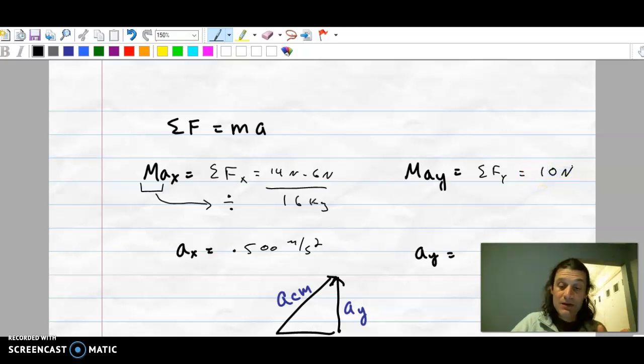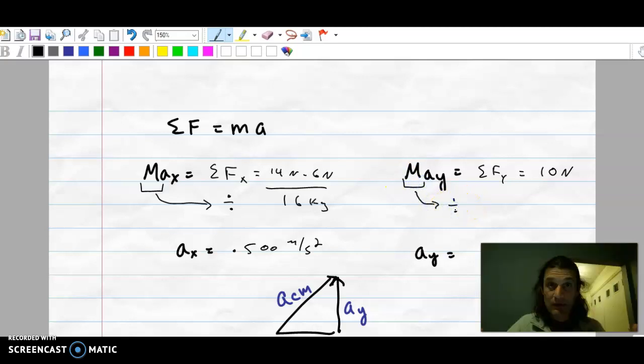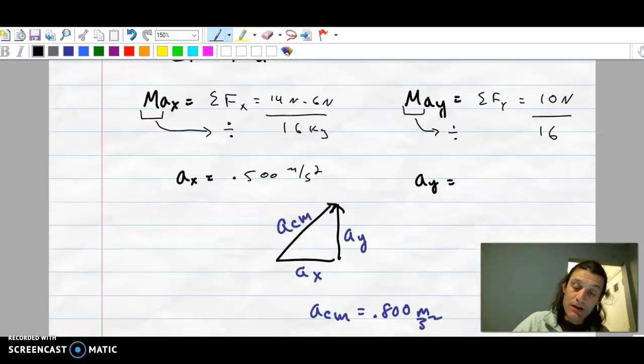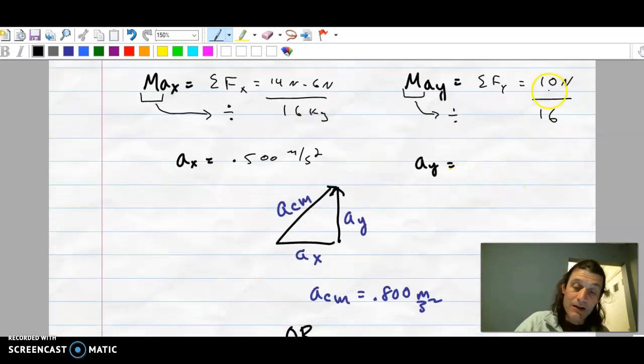But I'm going to take that 10 newtons and divide it by the same mass whole because it's the same system of masses. So I'm going to divide 10 by 16 kg, and the acceleration in the y then is 10 divided by 16. That turns out to be 0.625 meters per second squared.